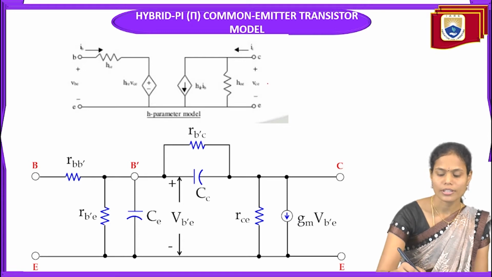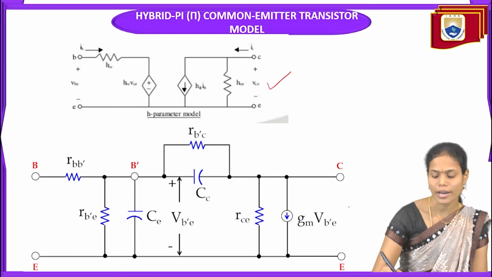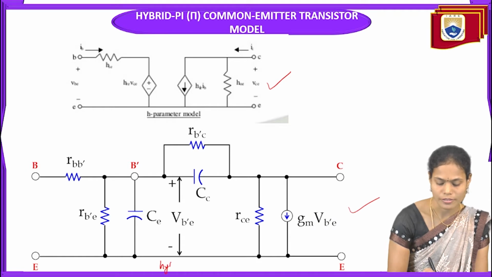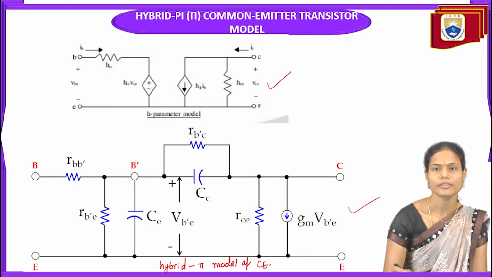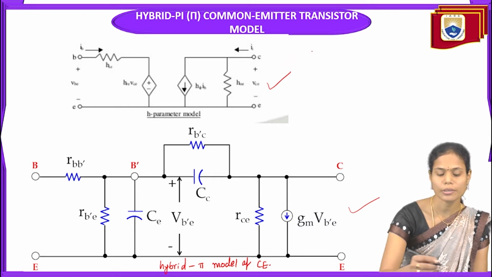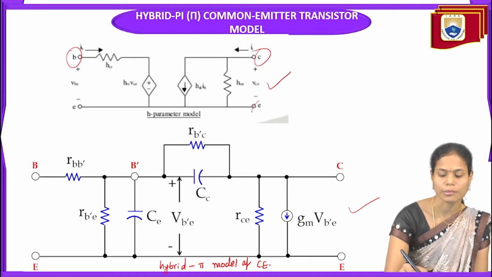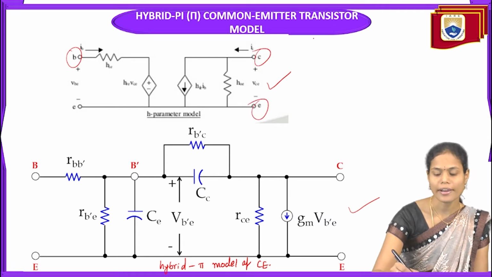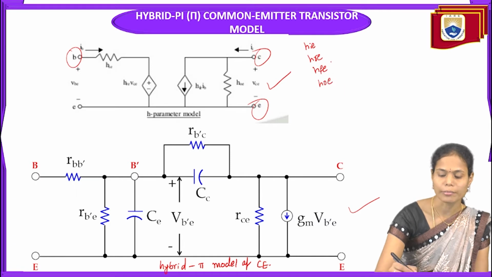Here I consider the H parameter model of the common emitter circuit. We implemented it between the base, collector and emitter terminals of the transistor, and we have four parameters: input impedance HIE, reverse voltage gain HRE, forward current gain HFE, and output admittance HOE.